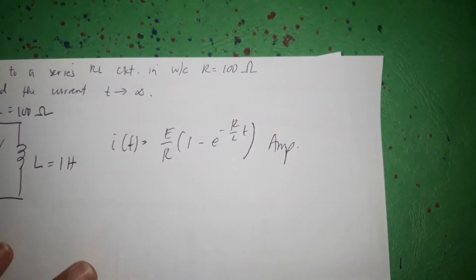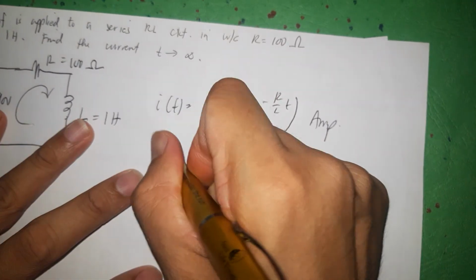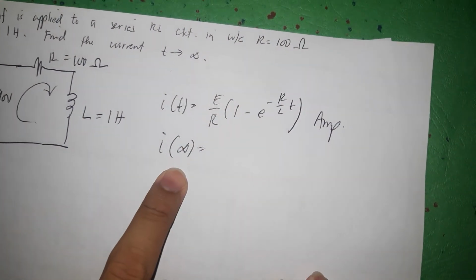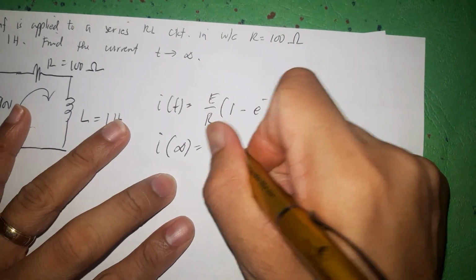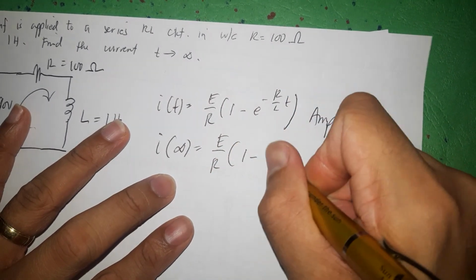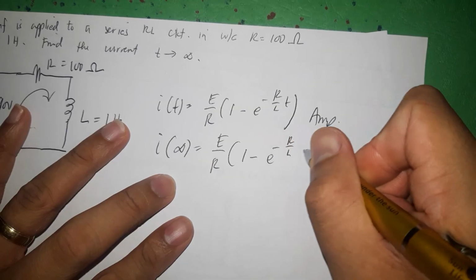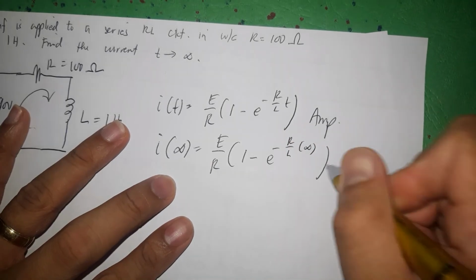We are looking for the time it approaches infinity, so we substitute our given. This is E over R times the quantity 1 minus e to the negative R over L multiplied by infinity.